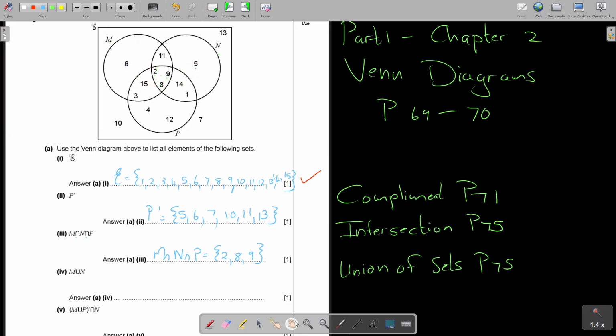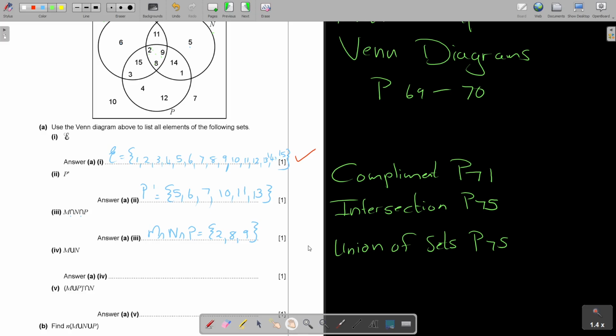Okay, I like to put it numerical. So if I say M union N, that is going to be 1, 2, 3, 5, 6, 8, 9, 11, 14, and 15.